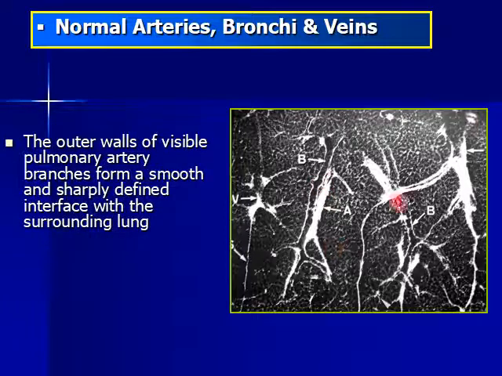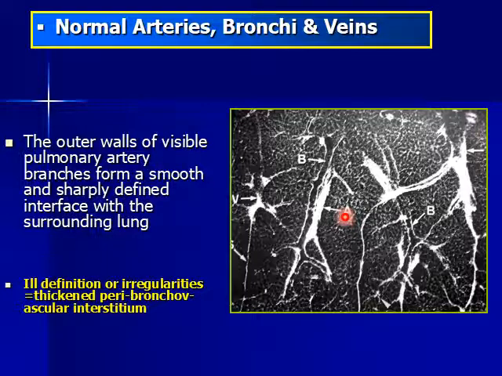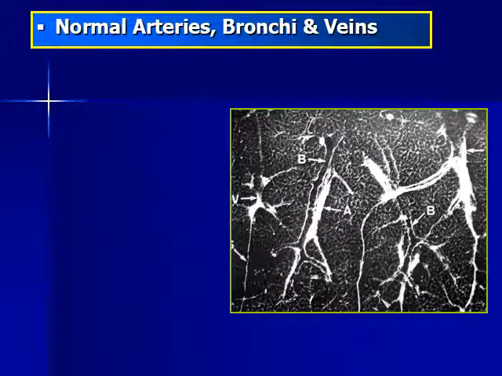Rule number 2. The outer walls of visible pulmonary arteries should be smooth, sharply defined with the interface of the nearby lung. Ill definition or irregularities of this border means that we have thickened peribronchovascular interstitium.